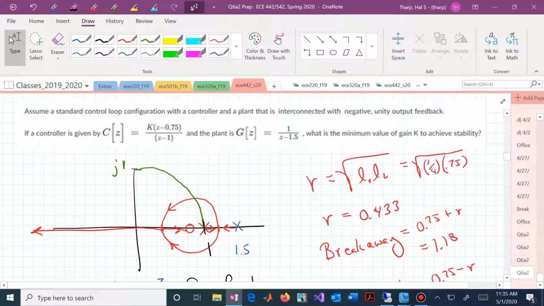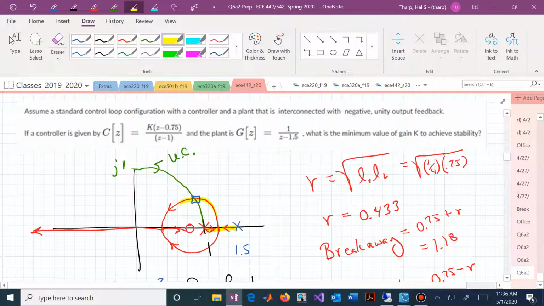What's this question asking? It's saying, what is the minimum value of gain K to achieve stability? And I've tried to indicate a unit circle. That's not anything to do with the root locus, but I hope you can see that in fact we need to crank up the gain. We have 2 branches of our root locus between 1 and 1.5. Those 2 branches split.